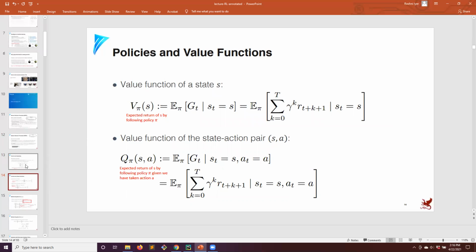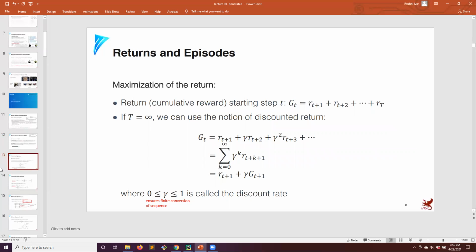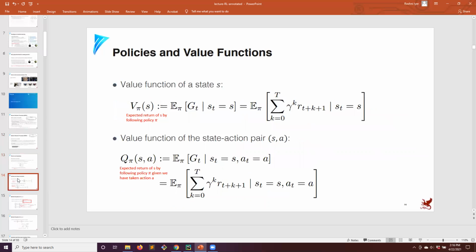Okay, we will be using this when we compute the value functions as well as the Q functions. We can define the value function of a state S as V^pi(S).